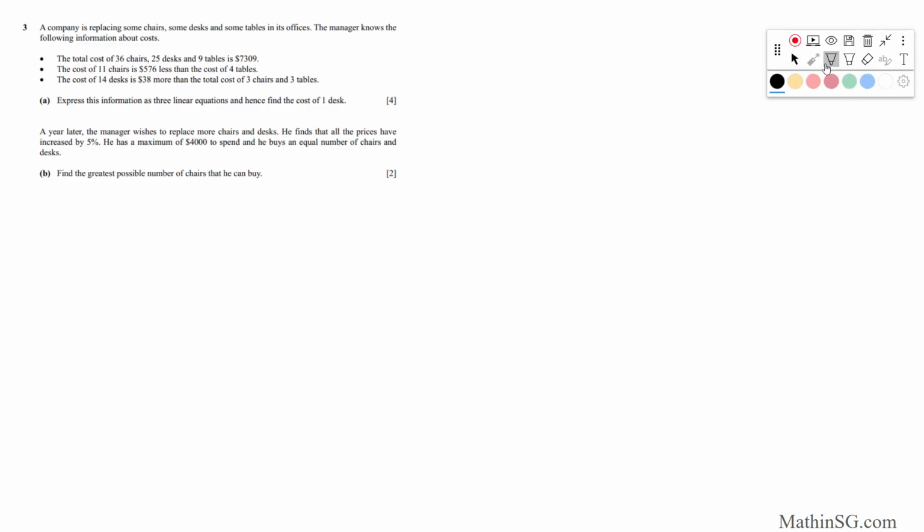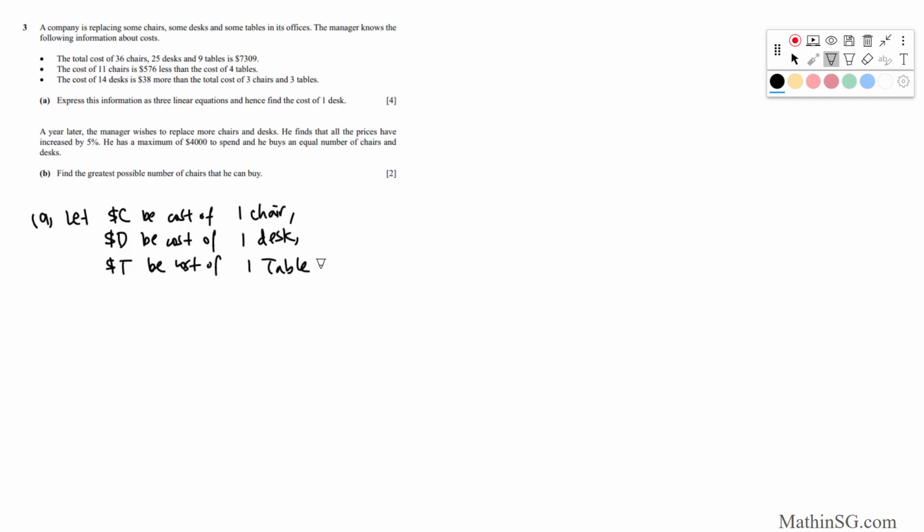So let's start off by defining some variables. Let $C be the cost of 1 chair, D be the cost of 1 desk, and $T be the cost of 1 table.